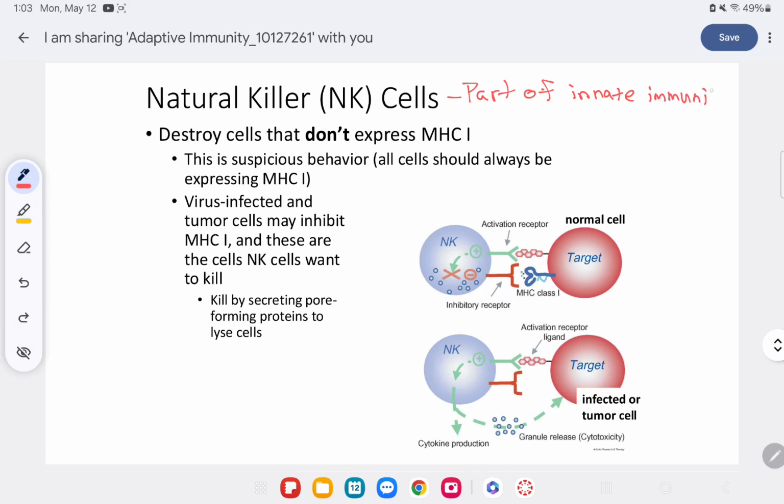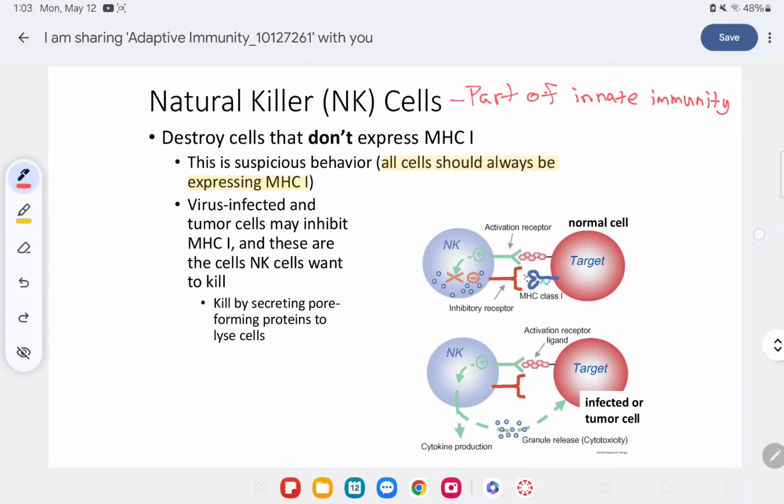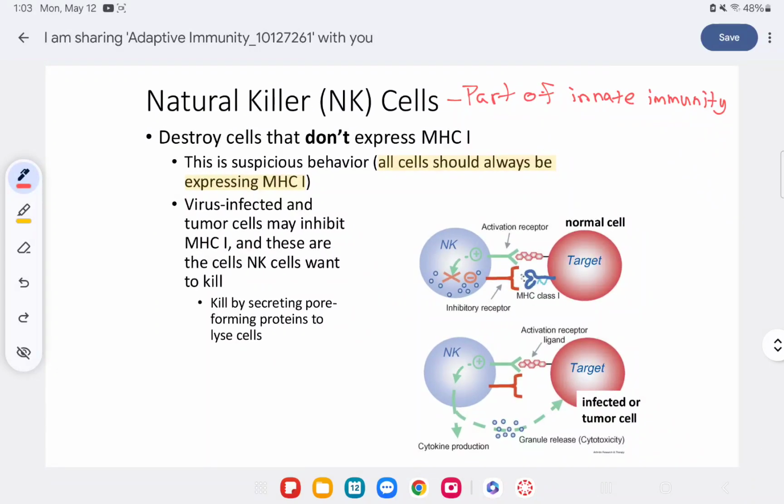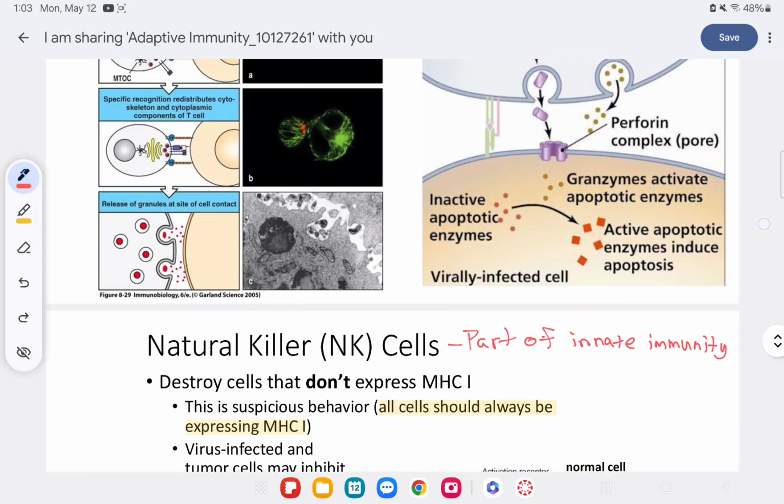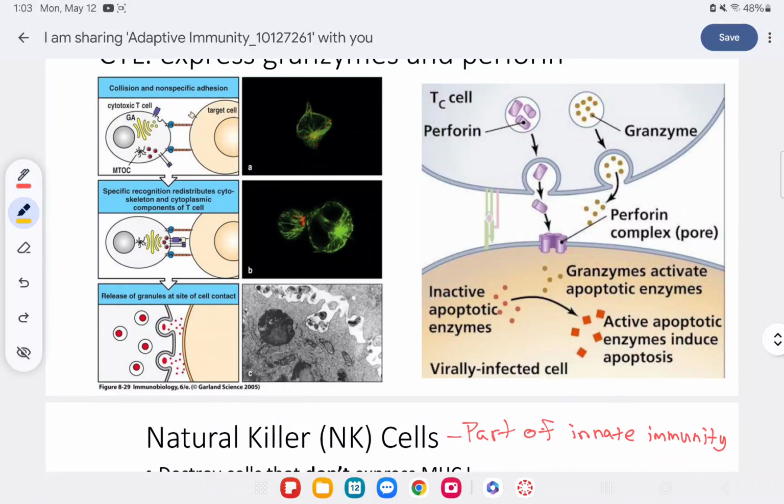All cells at all times must show on their little flagpole MHC type 1, what they're currently making. If you are not showing me an MHC type 1, that's suspicious and you're going to die. And they do it in the exact same way as a T cytotoxic cell. They secrete perforin and granzymes. This cell is going to undergo apoptosis. What kind of cell would stop displaying MHC type 1?